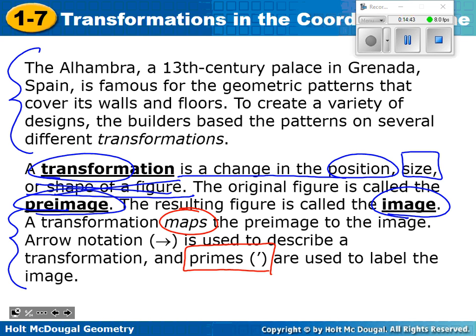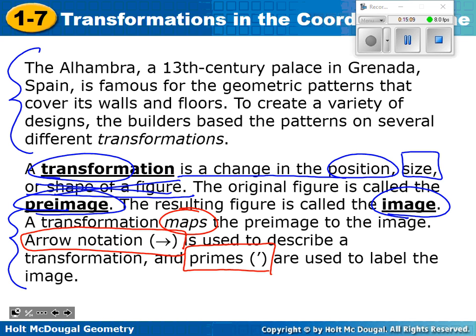Okay, so what they're going to say is this transformation of a reflection maps triangle ABC onto triangle A prime, B prime, C prime. And they're going to use what's called arrow notation to show that. And this is super basic and super easy, and every year it's the thing that people miss on their homework because it's like, why do I even need to do that?